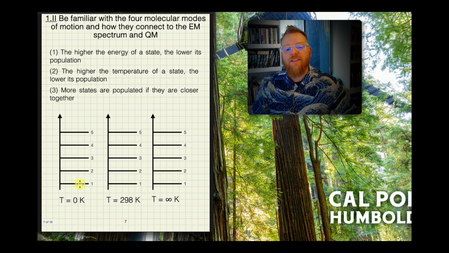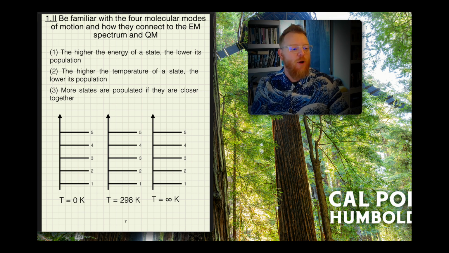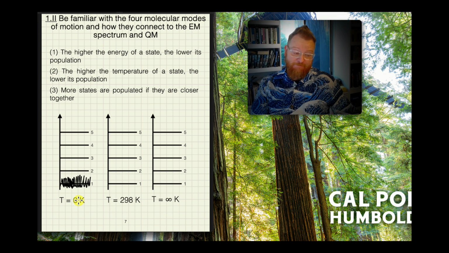So if we go back to the slide now, remembering that at 0 Kelvin, every single molecule, I really should say electron, will be in the ground state. At room temperature, we would expect some type of population, some type of distribution. And so that will take on a Boltzmann distribution. The amount of shading I'm putting in here corresponds to how populated the state is.